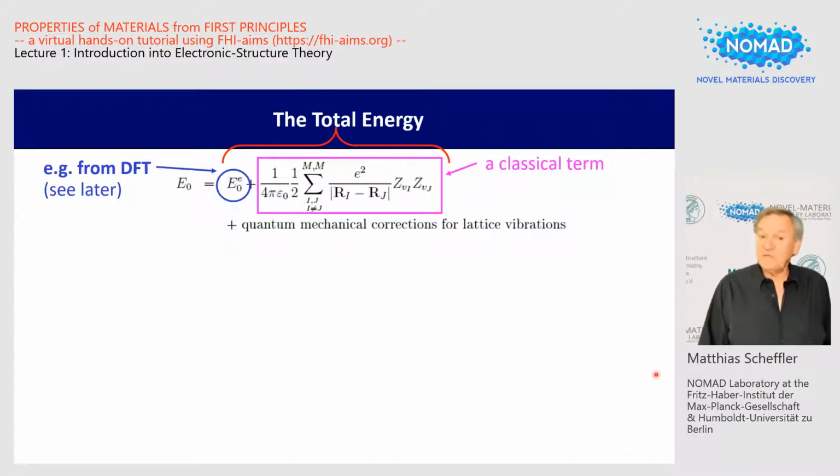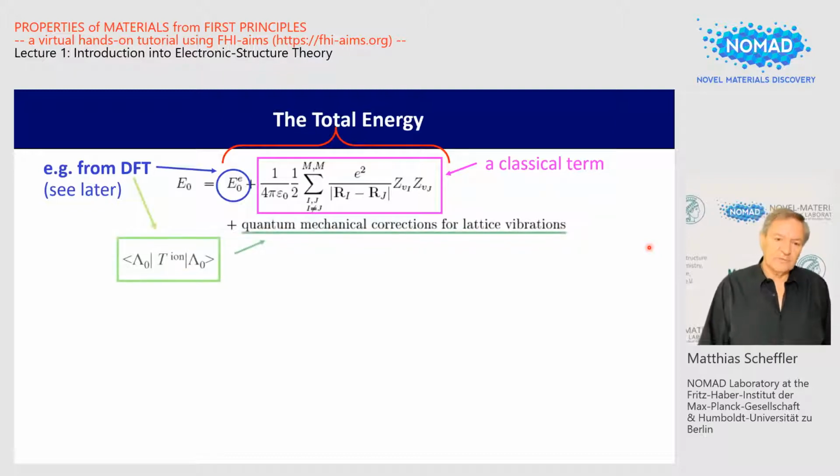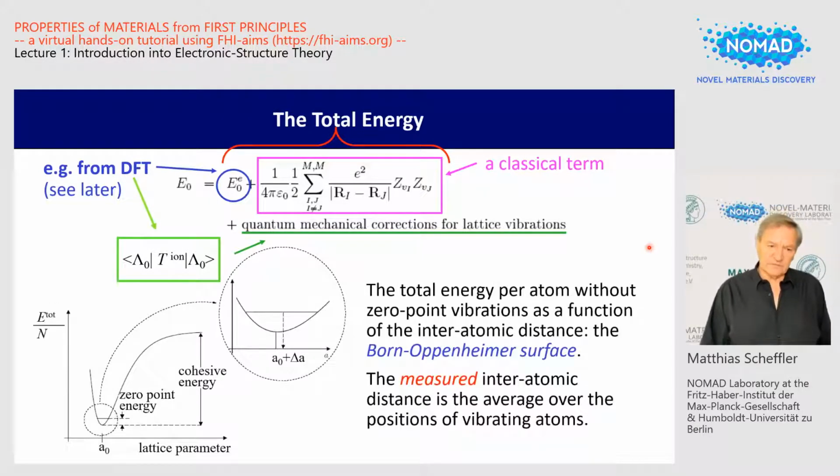But then in addition, we have quantum mechanical corrections for lattice vibrations. This is the expectation value of lambda 0 with the ionic or nuclear kinetic energy. Sometimes that plays some role. It's not complicated to evaluate it, and therefore I really just want to mention it.